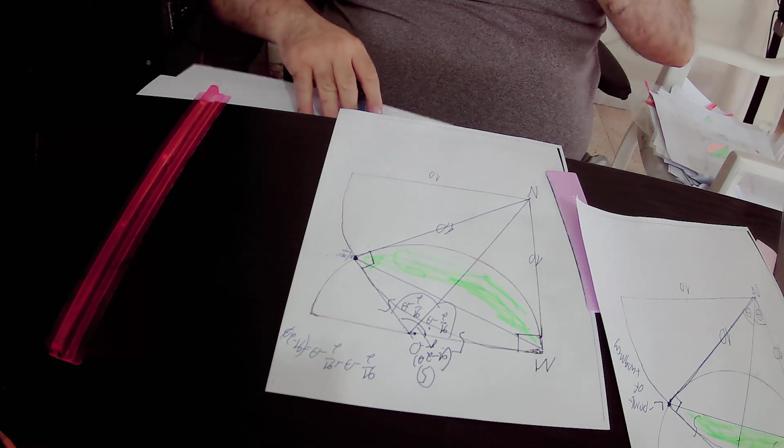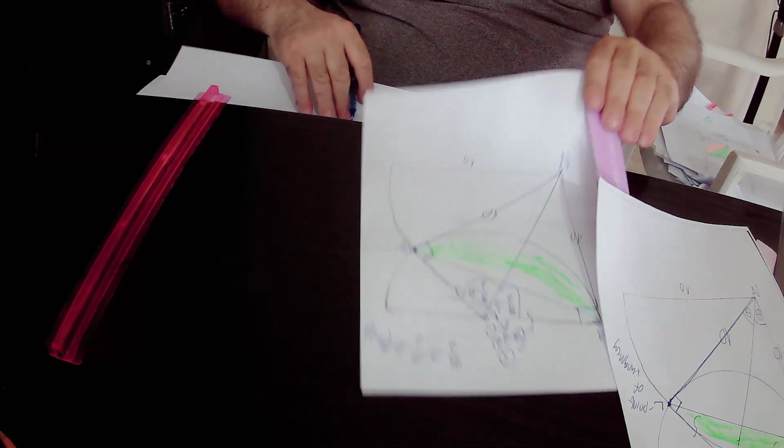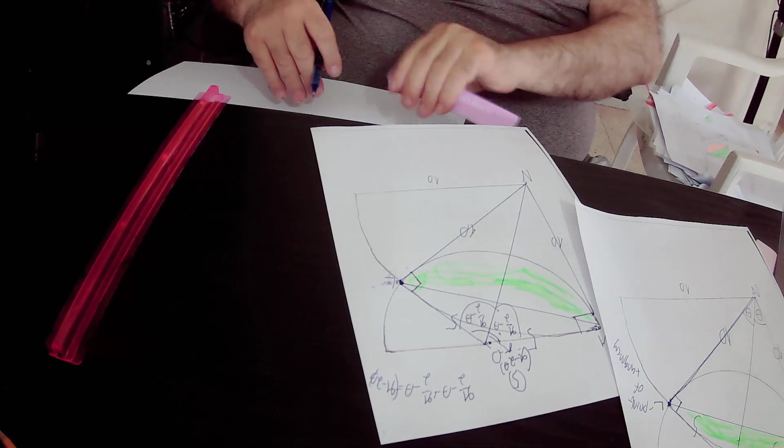Okay, so what is the area of the lower circular segment ML?